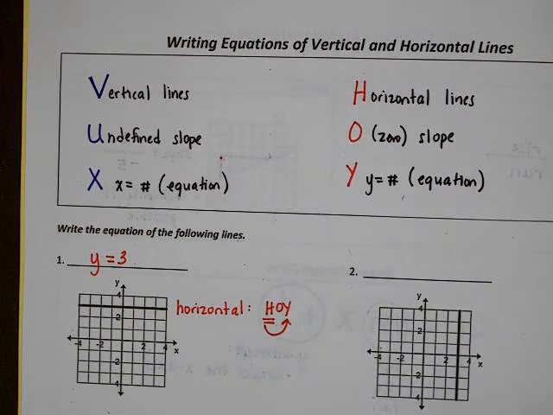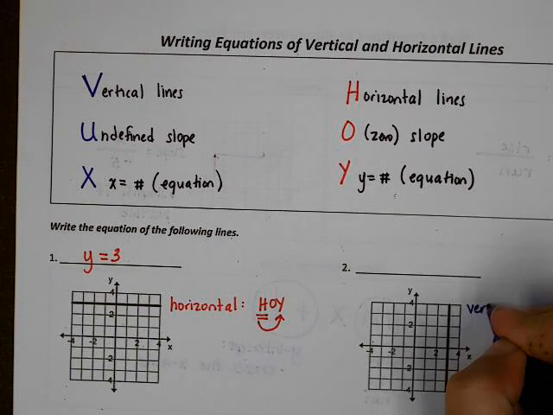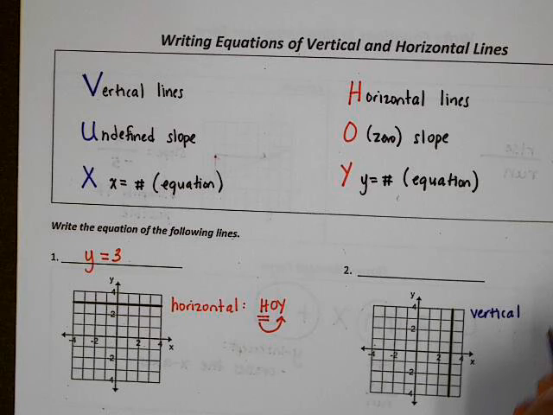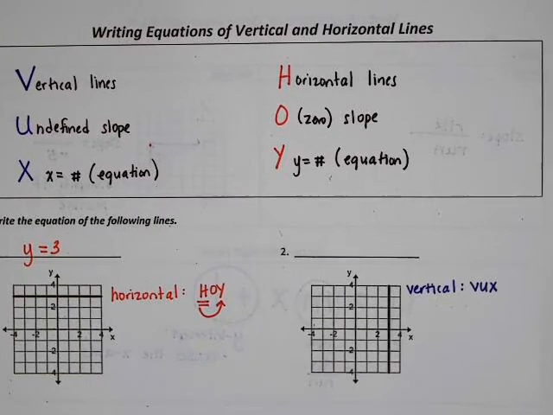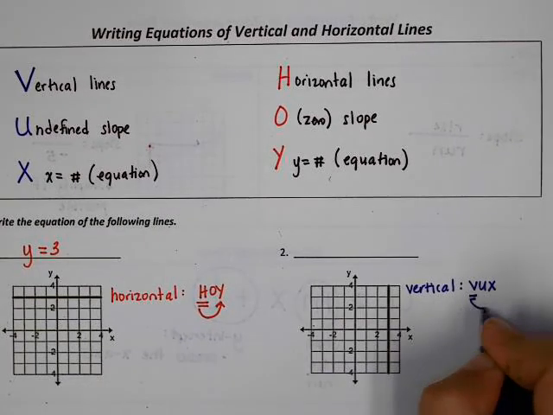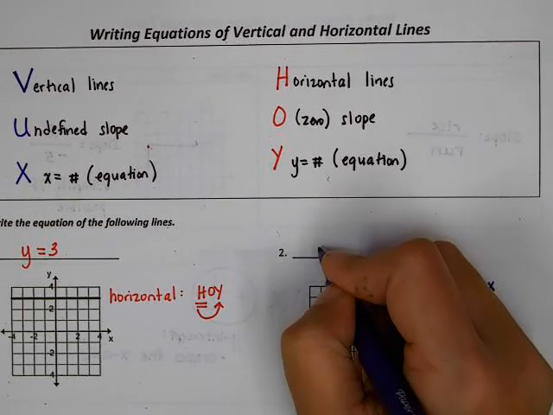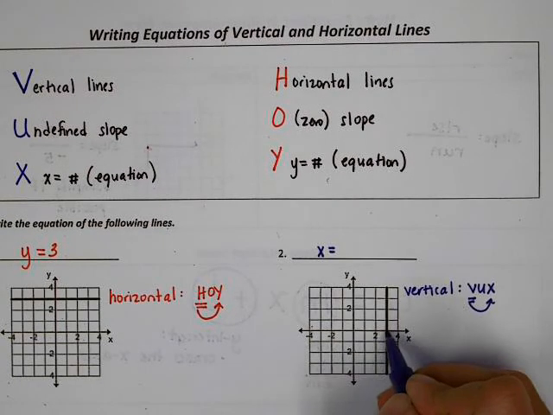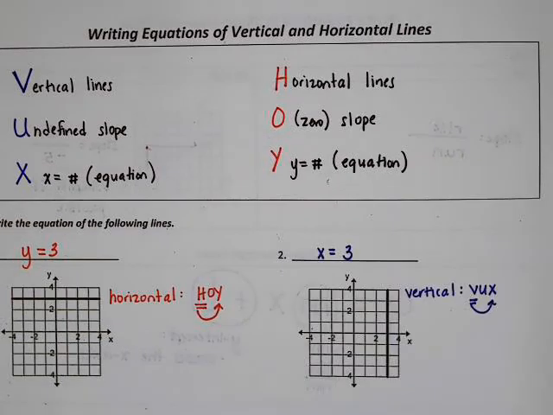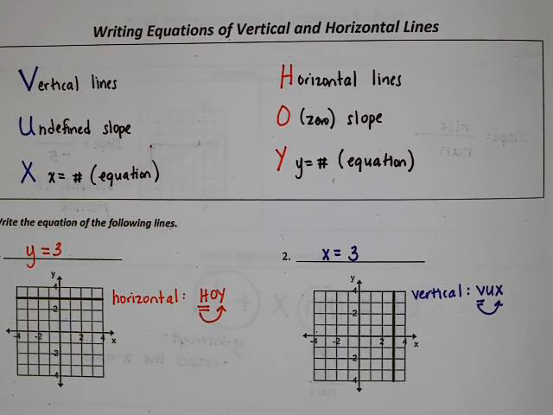In my next example, this is a vertical line. So I'm going to remember VUX. Vertical lines say x equals a number in their equation. In this equation, it would be 1, 2, 3, because that's the x value of my vertical line.